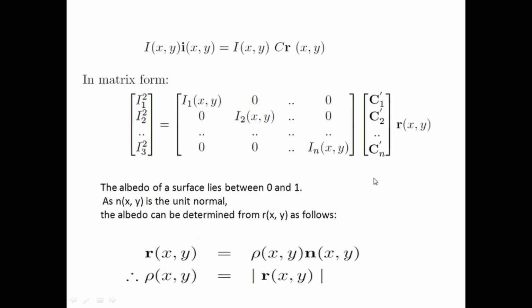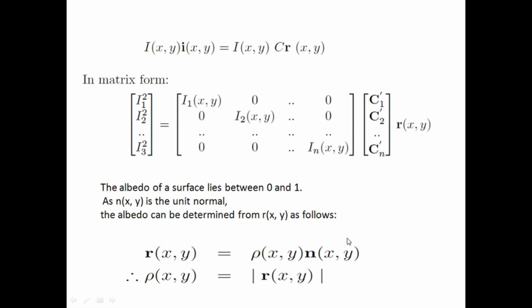My aim is to find the normal component first. For many surfaces the albedo lies between 0 and 1. So let me take the best case as 1, so n of x comma y is a unit normal for that point. So r equal to rho into n, and I substitute the rho value as 1. Now can I write rho of x comma y as r of x comma y?